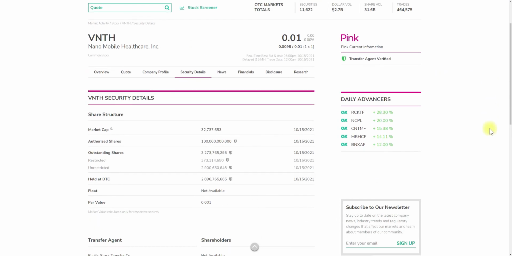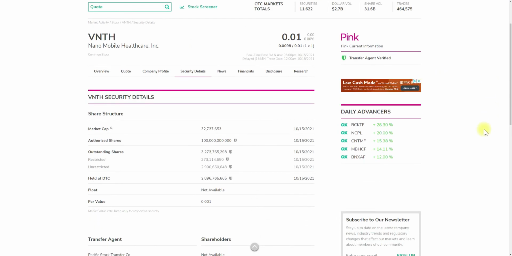So, security details. All right, let's go over this. From my understanding, on Friday, based on that 8-K that went out, VNTH took out their notes. They paid them off. They got their notes back from that VVG company.